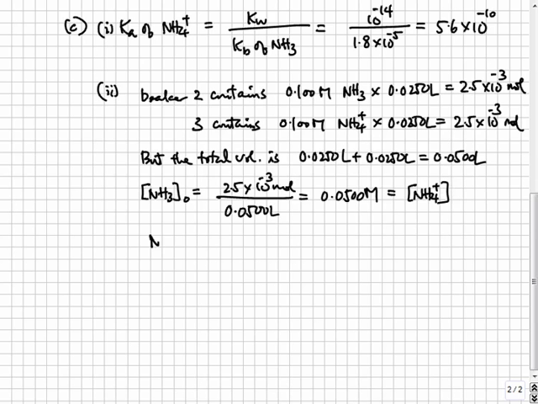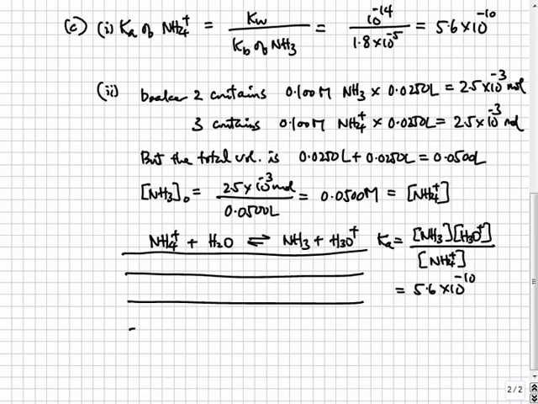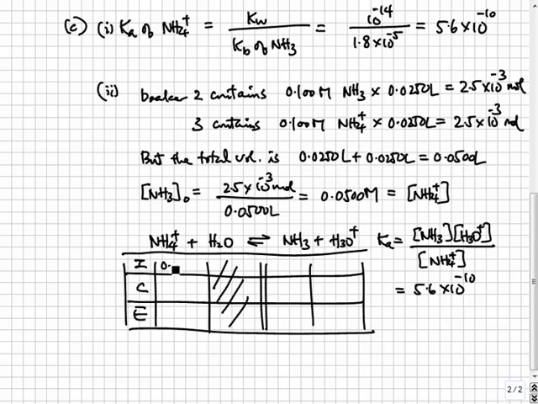And again, we write down the equilibrium. In this case, it is NH4+ + H2O going to NH3 + H3O+. And we put the initial concentration into the first row of the ICE table. Again, the stoichiometry is such that the change would be minus x on the left side and plus x for the right side.